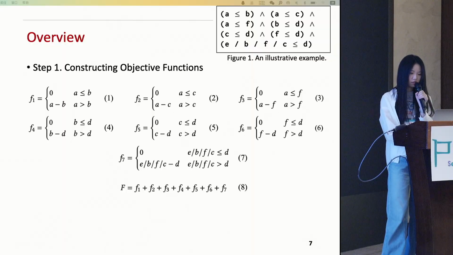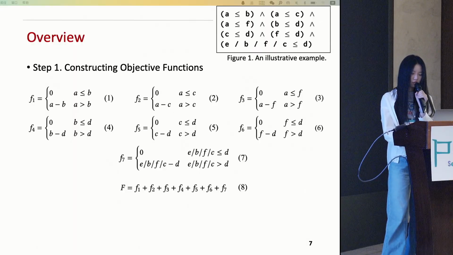We note that the function attains its global minimum, that is to say 0, only if the clause a is less than or equal to b holds. Otherwise, the function returns a positive number, indicating the clause has not been satisfied.